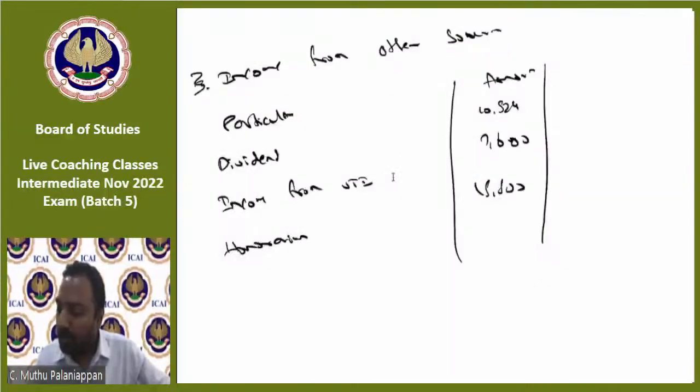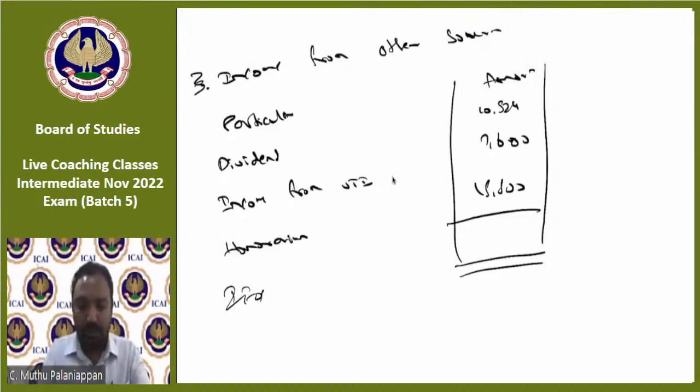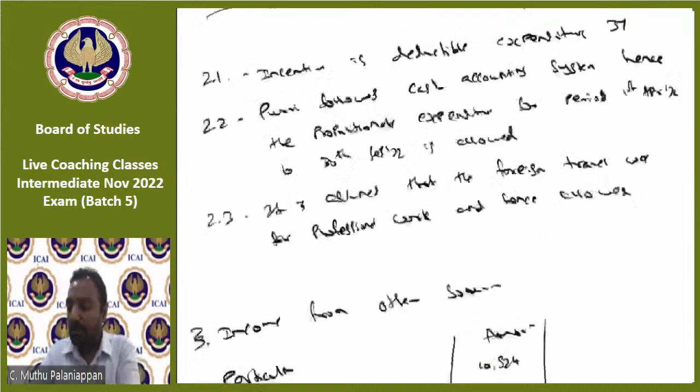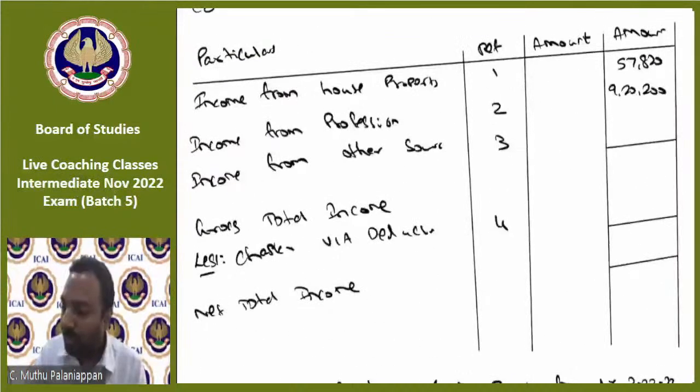Okay. So now the total, that is your income from other sources, is how much? 10,524 plus 7,600 plus 15,800. That is 33,924. So this 33,924 will also be taken to the top.